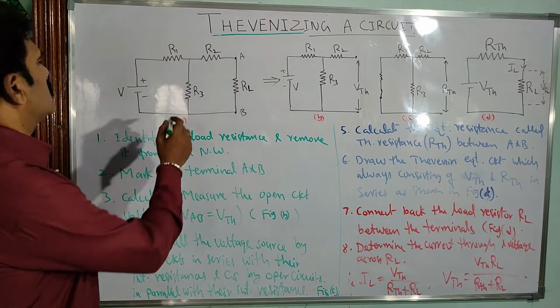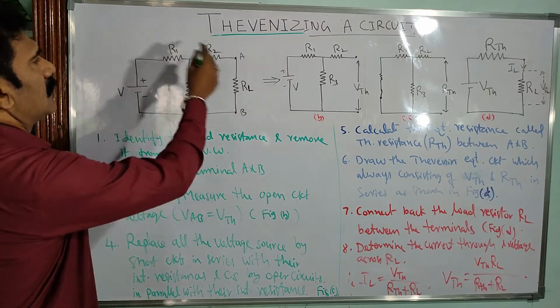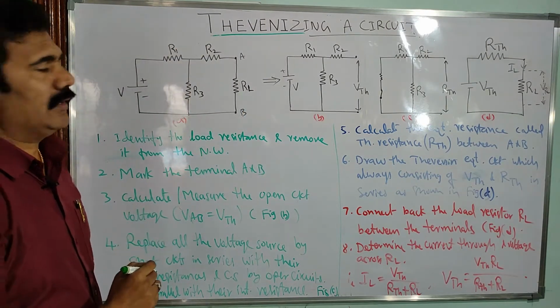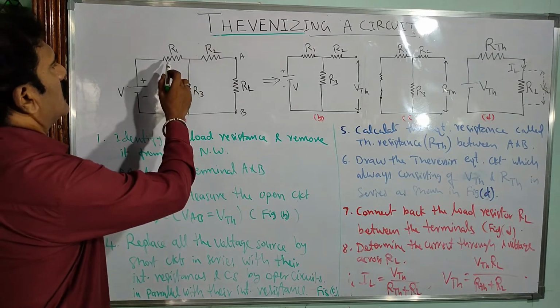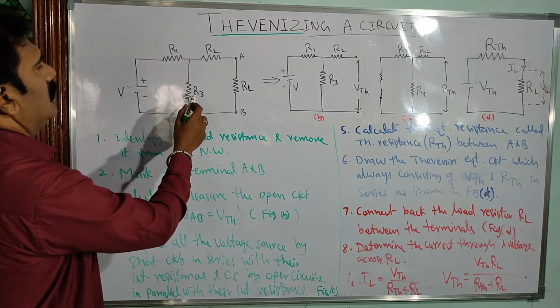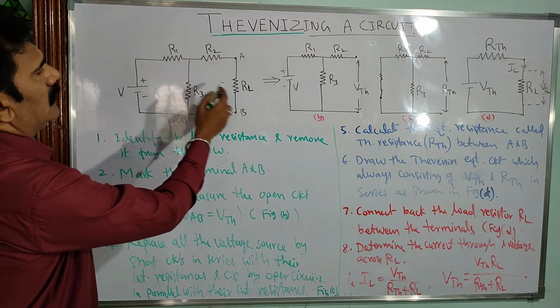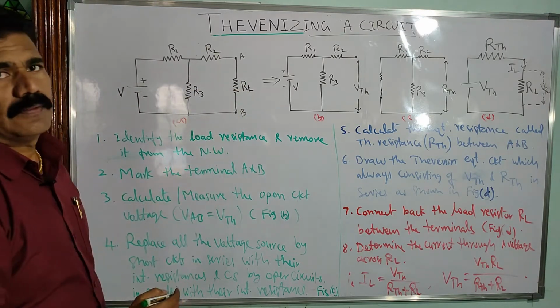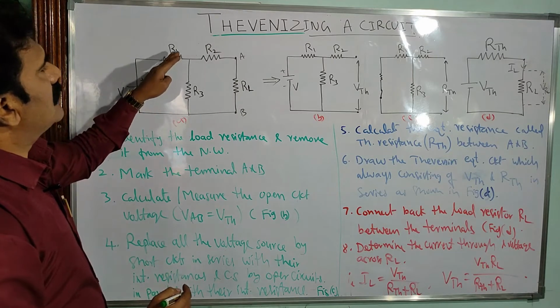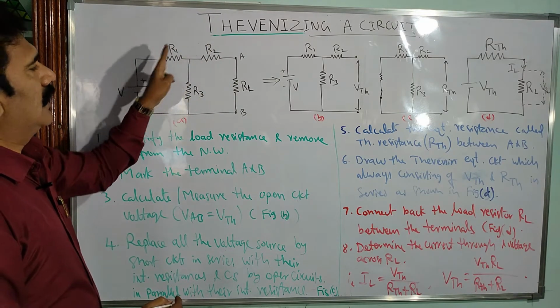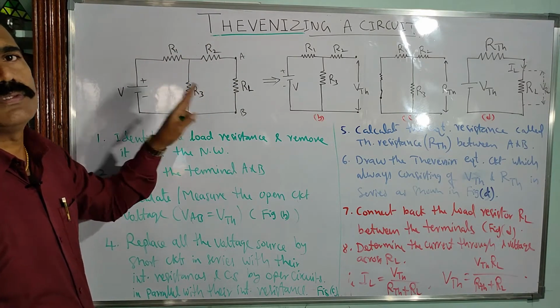First, you consider the given network. The original network is in figure A. What is it consisting of? The resistors R1, R2, R3 and a voltage source, and we have another resistance here. If you do not name these resistances, you will not find which is the load resistance.